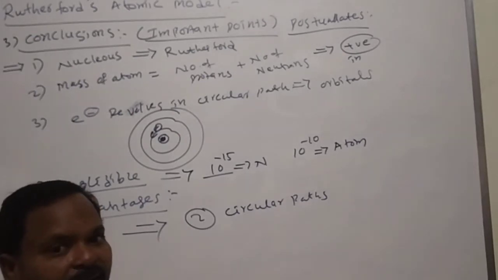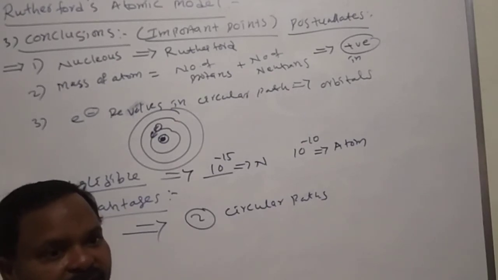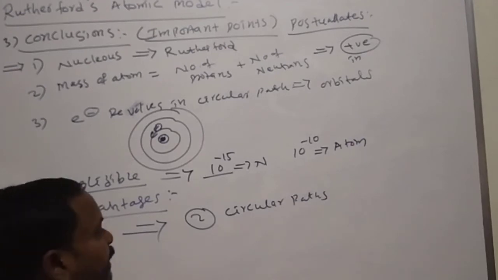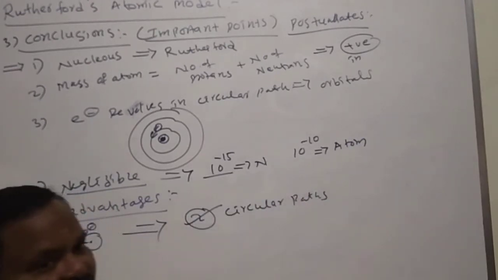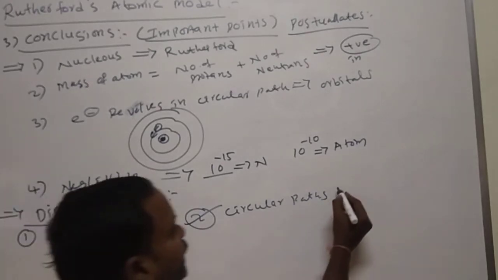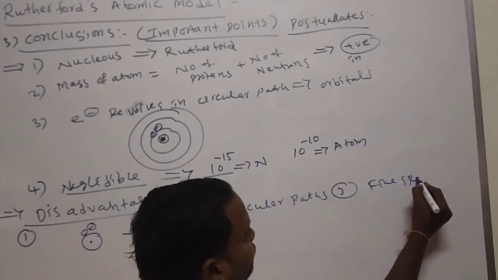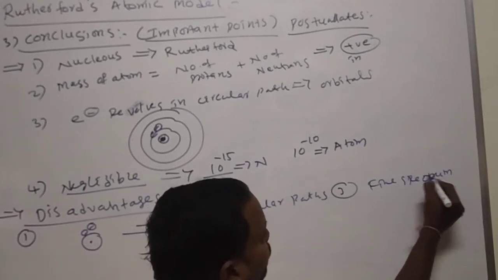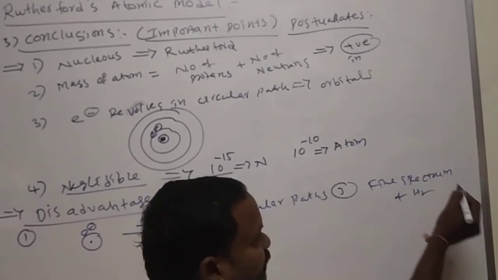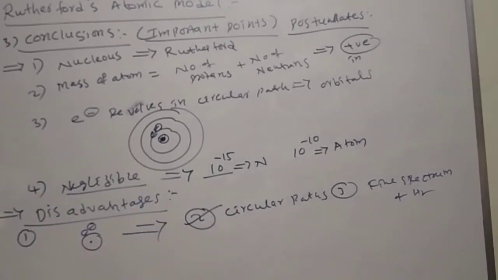And why is the electron present in the external space? It fails to explain all these concepts. And it also failed to explain the fine spectrum.